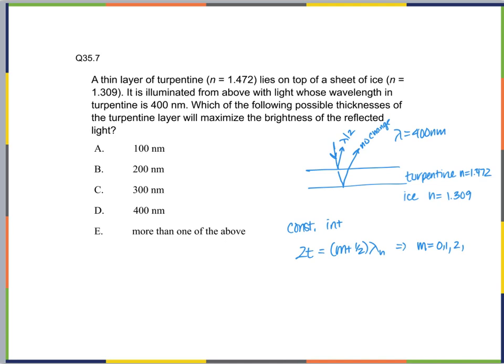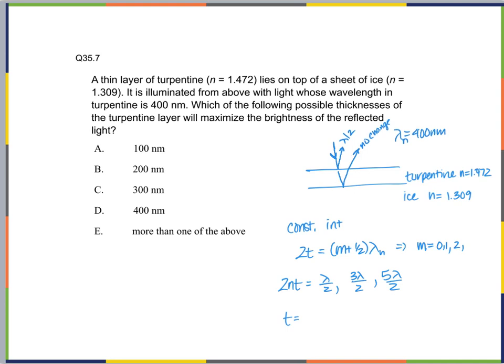So essentially, I find it easier to write this as 2nt is equal to lambda over 2, 3 lambda over 2, and 5 lambda over 2. And this means that the thickness is going to be, oh, I made a mistake here. This is actually lambda sub n, because the 400 nanometers was the wavelength in the turpentine.